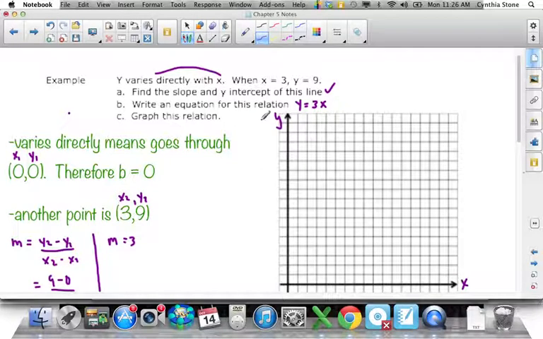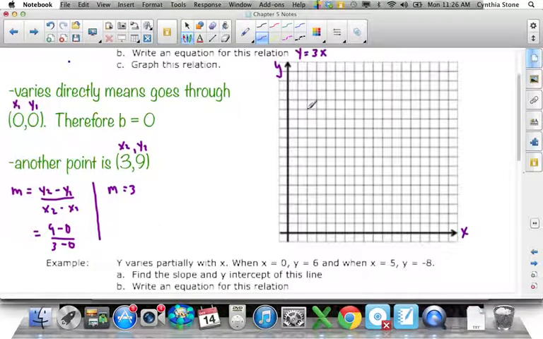And then graph it. So how do we graph it? My y-intercept is right here. There's different ways you could do it, but I'm going to assume every box jumps up by 1 here, and I'll take my second data point, 3, 9. So here's my first data point, and I'll take my second data point, 3, and 1, 2, 3, 4, 5, 6, 7, 8, 9.